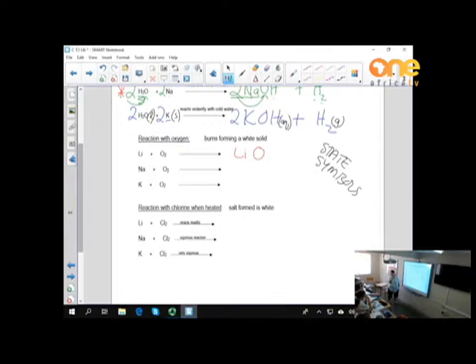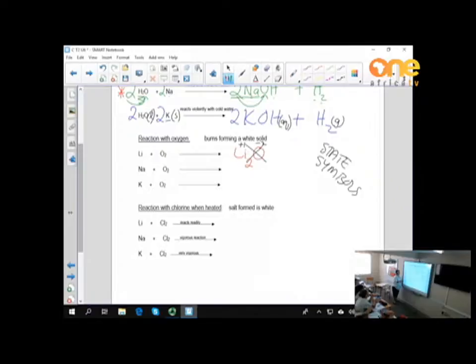Lithium has a charge of +1 because it's in group 1, but oxygen lies in group 6. It's got a charge of -2. So how does the formula go? Over there like that. So I am going to have Li2O as a formula. All right?